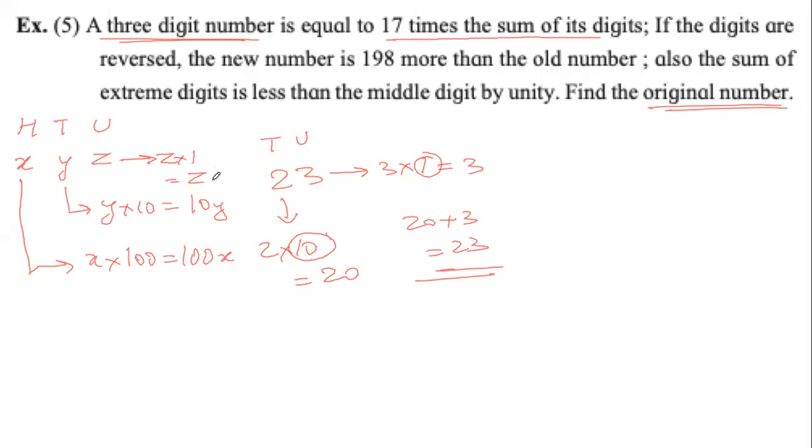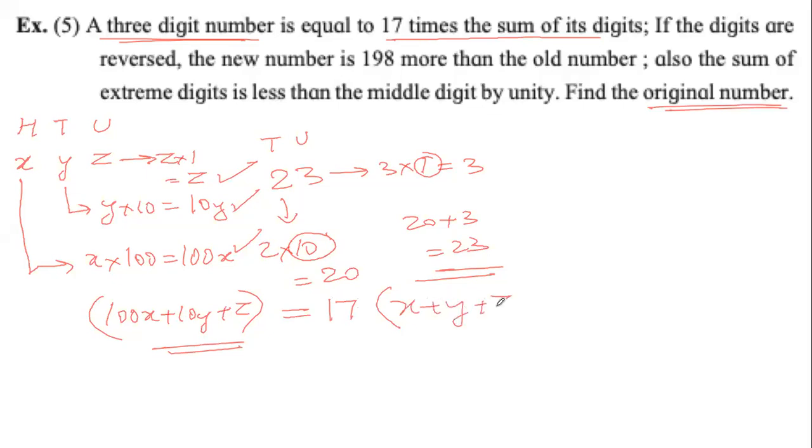Now, the number actually becomes Z plus 10Y plus 100X. So, the number is 100X plus 10Y plus Z. This is the value of the number. And it says a 3-digit number is equal to, means this number is equal to 17 times the sum of its digits.